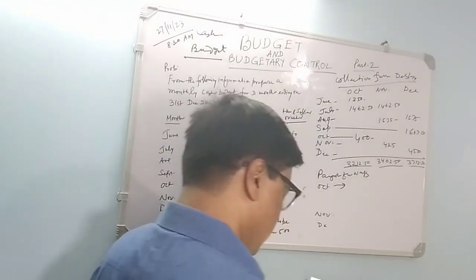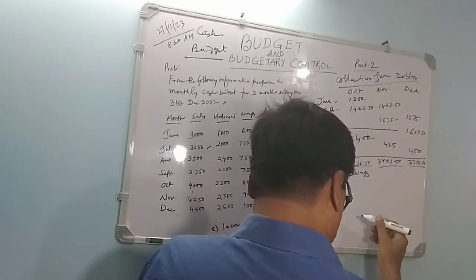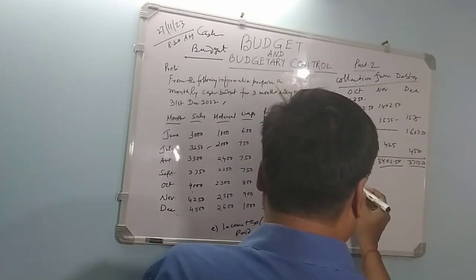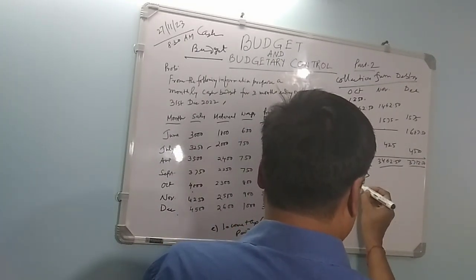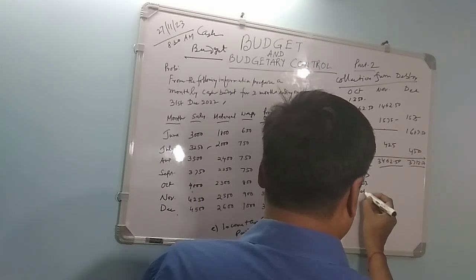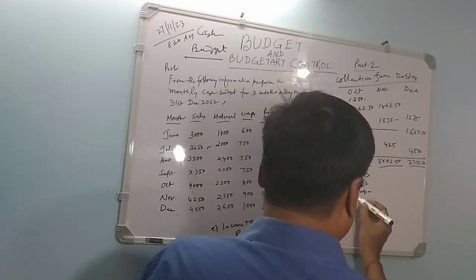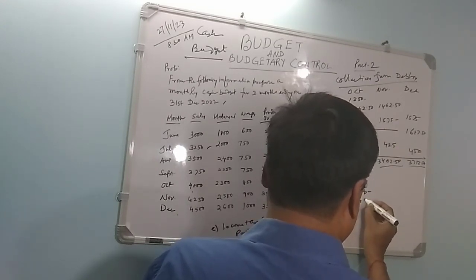For October, we take 1/4 of September because it is carried forward, and 3/4 of October.